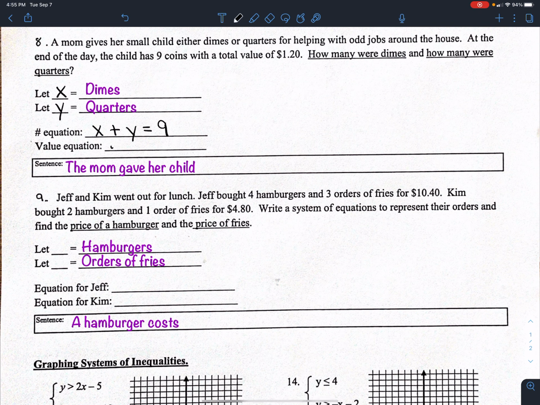Each dime is 10 cents. Each quarter is 25 cents. So 0.10x plus 0.25y, and that is going to equal $1.20. So now we're going to take these two equations and solve them using elimination.